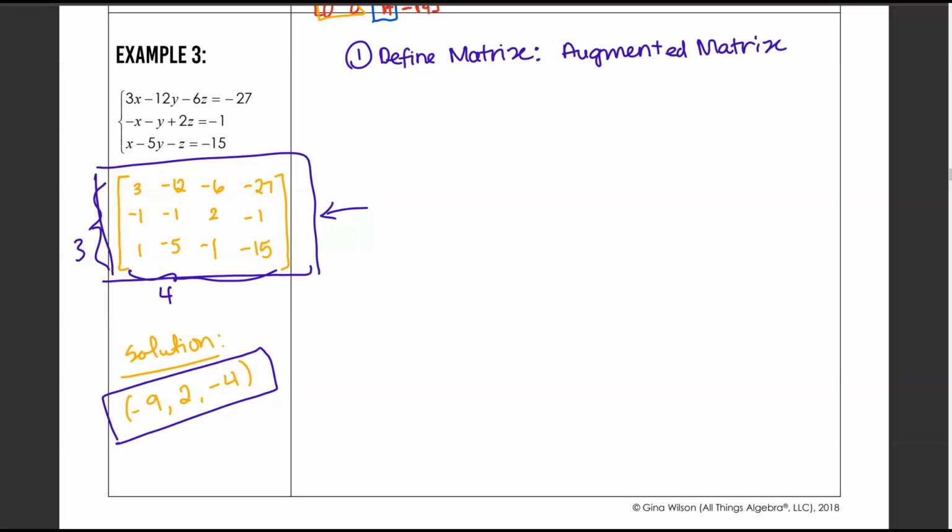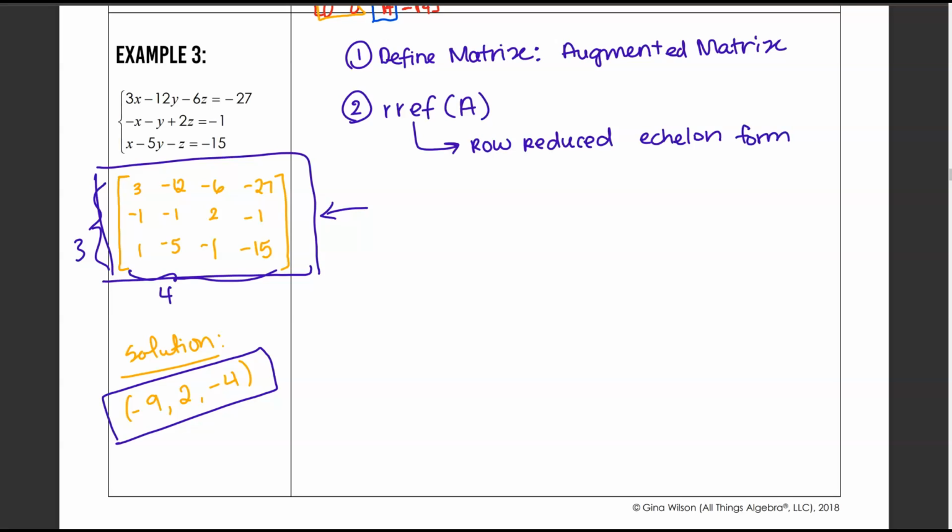And so we can set that equal to A, and then we're going to select RREF of our matrix A. And recall that RREF stands for row reduced echelon form.